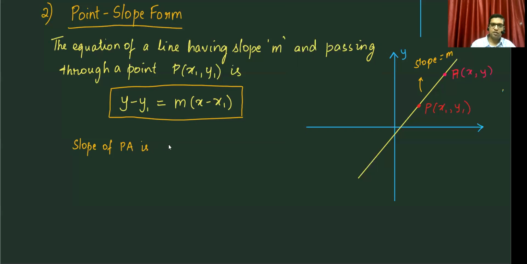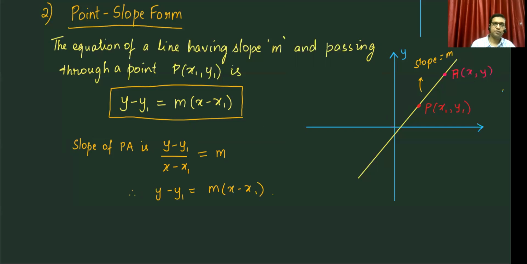is, just see, this is y2 now, y minus y1. So y2 minus y1 by x2 minus x1, that is x minus x1, is equal to m. Therefore, y minus y1 is equal to m into x minus x1.